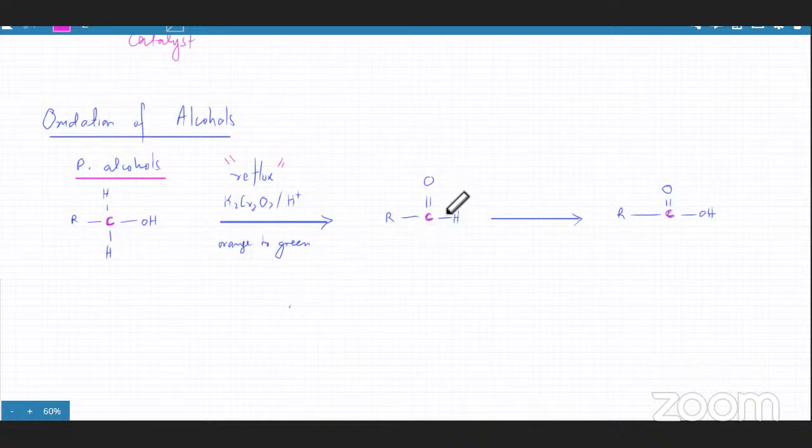But if you want to stop the reaction at an aldehyde, at this point, what you do is don't use reflux. Instead, allow the products to escape. So instead, use distillation.